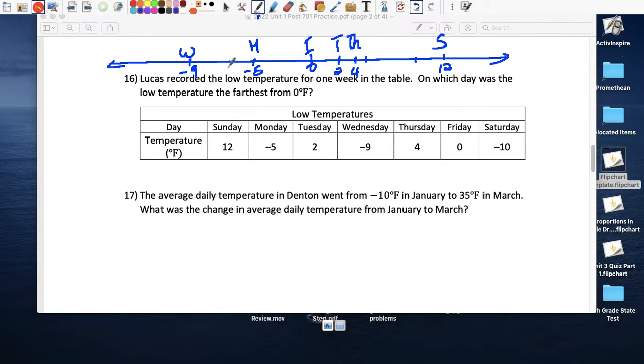And Saturday is negative 10, and we'll call that Saturday. So which of these days is furthest away from 0? It'd be this guy right here. This 12 is the furthest number away from 0.